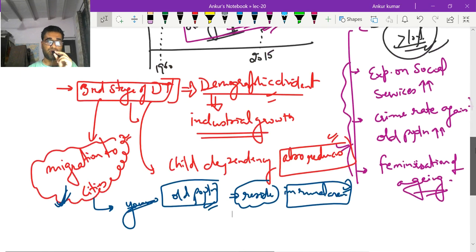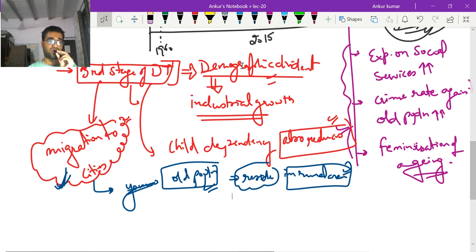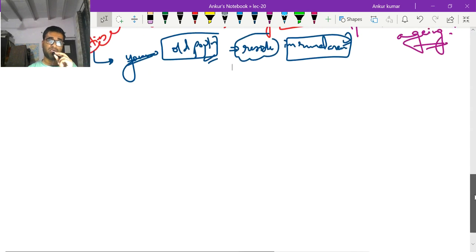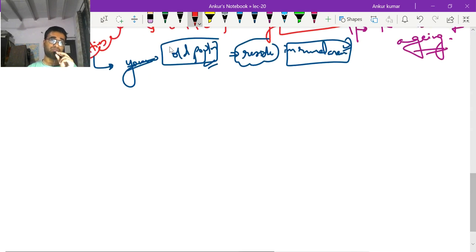But when a country enters the third stage of the demographic transition, it is said to be using the demographic dividend that can be further used for industrial growth, for migration to the cities, urbanization, which again fuels the economic growth. However, there are negatives associated with that migration as well, right? And that we saw here. So this was the dependency topic. Moving on, the next topic that we will discuss is migration.